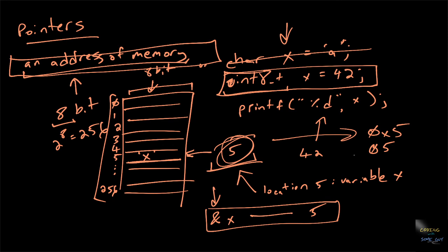Now, if you did it in binary, you'd actually have to do a little bit of arithmetic. But we're not worried about different number representations. We got into that in like the first stream. We're used to dealing in decimal numbers, so we're going to deal in decimal numbers. So we want the thing that's in memory address 5.